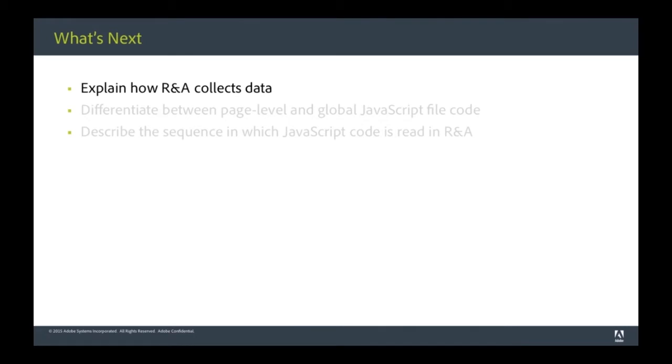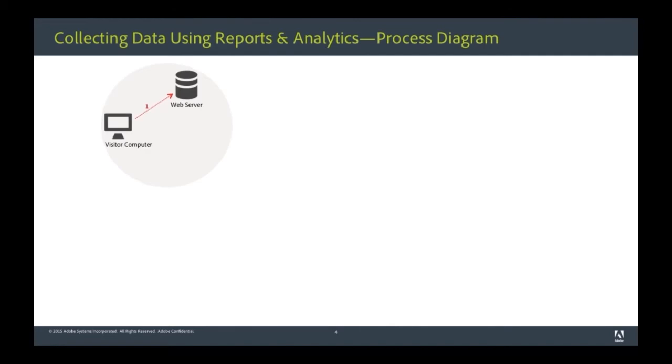First, let's explain how Reports and Analytics collects data. When a visitor clicks on a link, their browser requests the page content from the site's web server. The web server returns the requested page data and images.